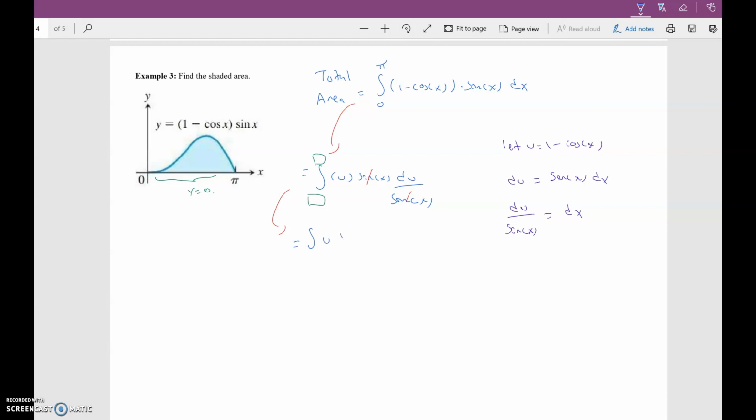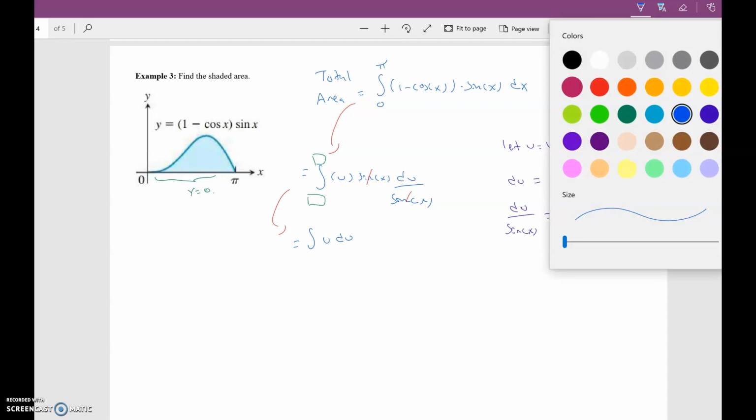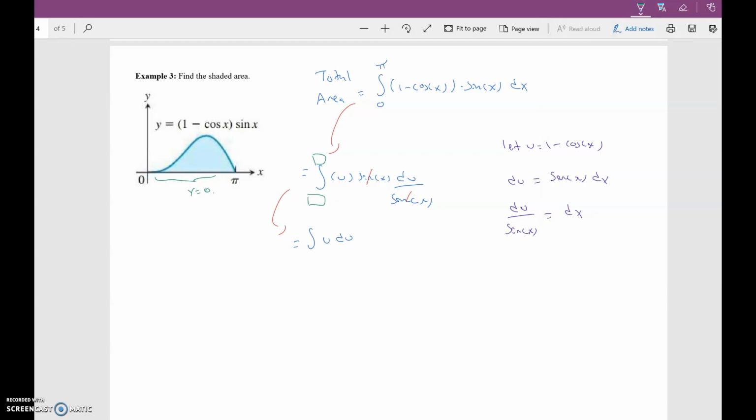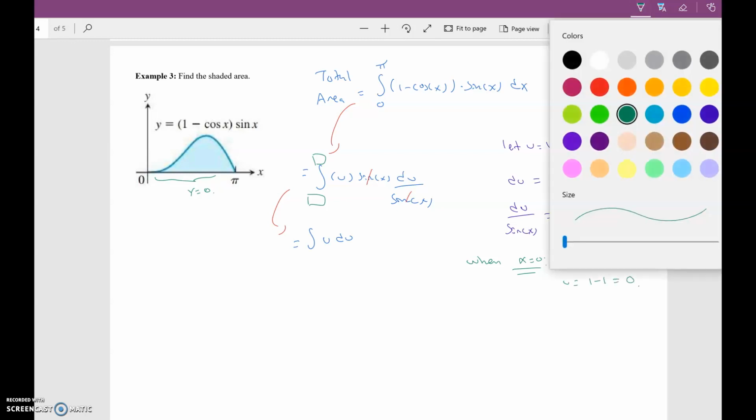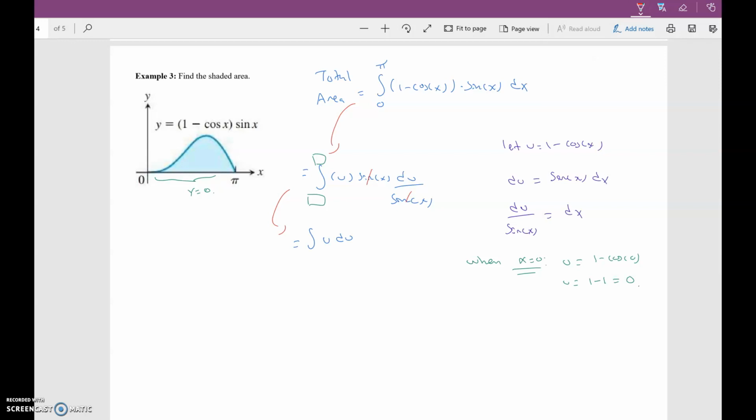So you end up with u du, and for the limits of integration, let me do this in green. So when x is equal to 0, u is equal to 1 minus cosine of 0. So technically u is equal to 1 minus 1, or 0. That's going to be our lower limit.